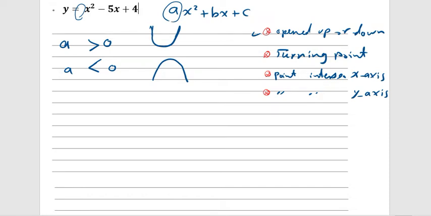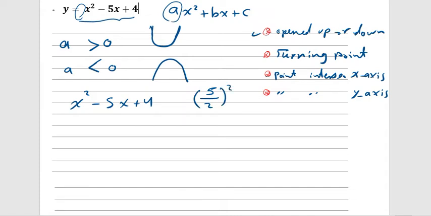So first we'll complete the square for x to the power of 2 minus 5x plus 4. It's written in the standard form and the coefficient of x power 2 equals 1. Then take the middle number, divide by 2, all to the power of 2.